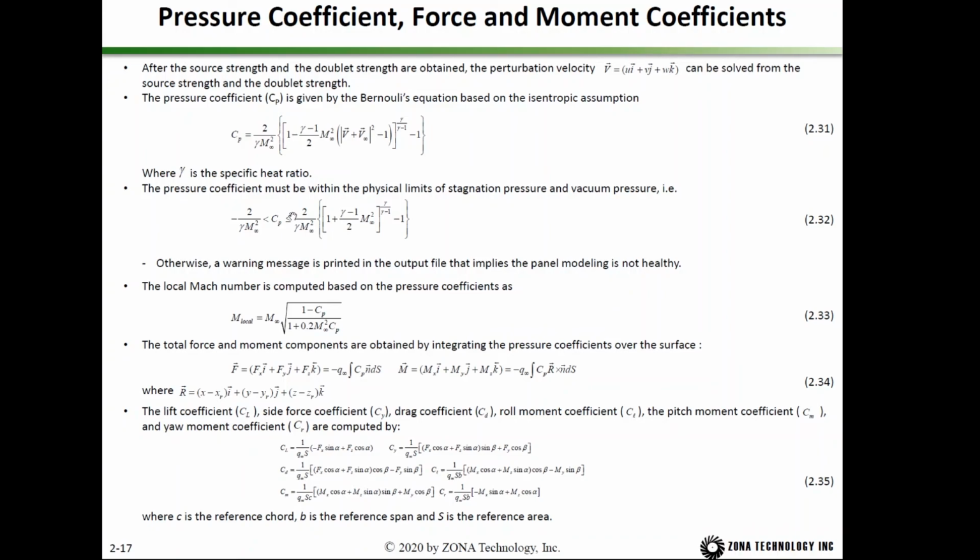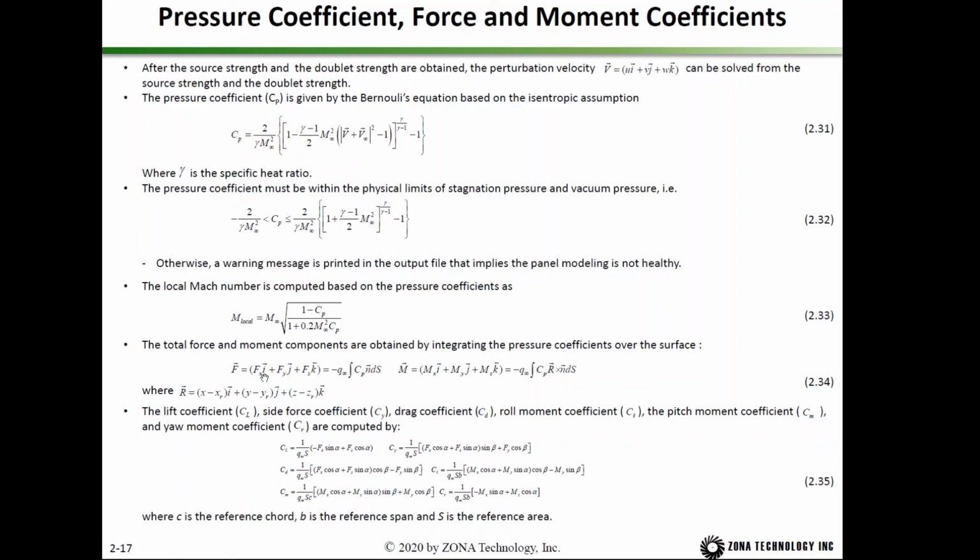If the CP exceeds this limit, a warning message is printed in the output file that implies the panel modeling is not healthy. We can also calculate the local Mach number, and then we can integrate the CP to get force along XYZ and moment along XYZ.